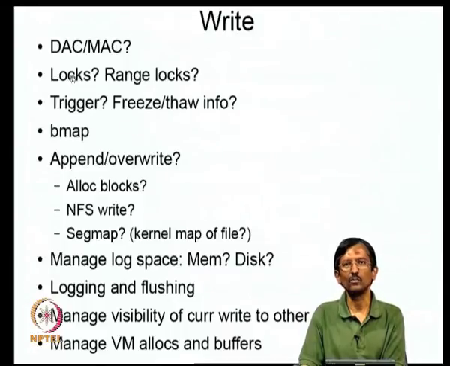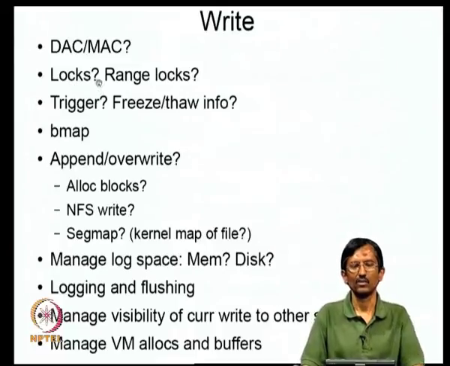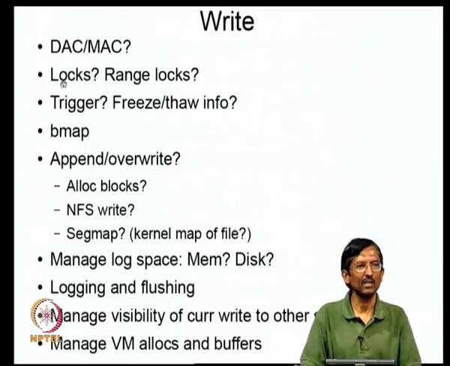But the other locks also have to be kept for internal consistency of the file by the file system. We will come to that a bit more in detail. So, this is another lock that has to be handled. It actually turns out that the number of locks can be dramatically large.